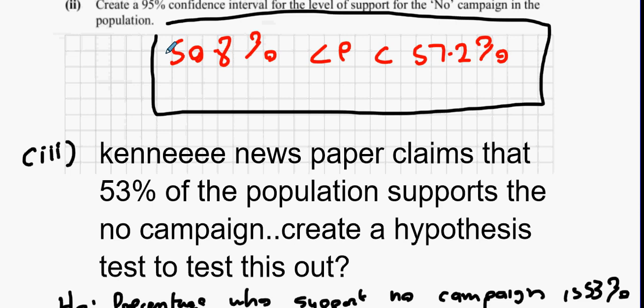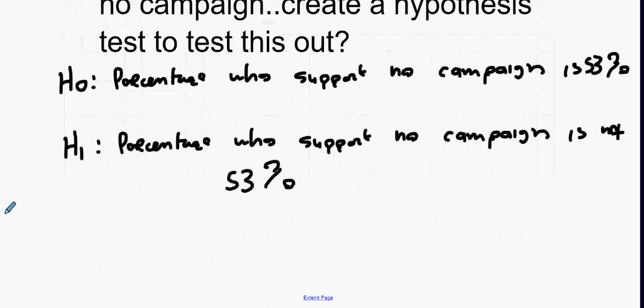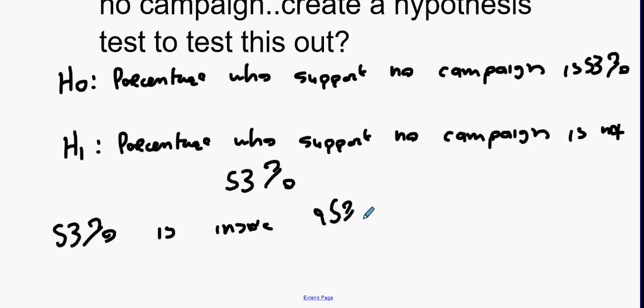Yeah. Because it's in that region, we accept H0. It's possible that it is 53%. If it was outside the region, you'd reject it, wouldn't you? So 53% is inside the 95% confidence interval. And then you just say accept H0.